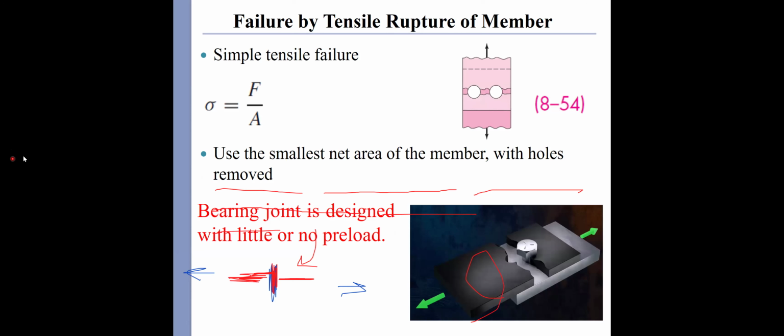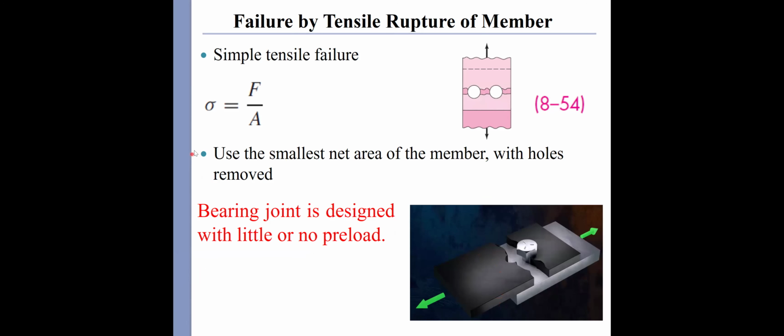This is the case we already know, the simple tension failure, where this plate is broken apart. Use the smallest net area of the member with holes removed.